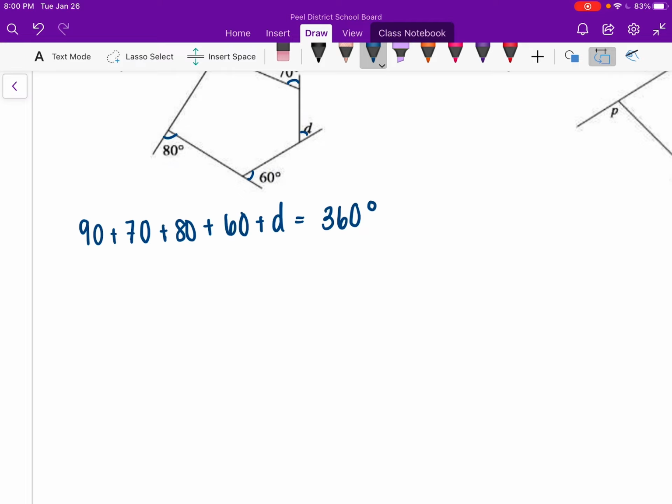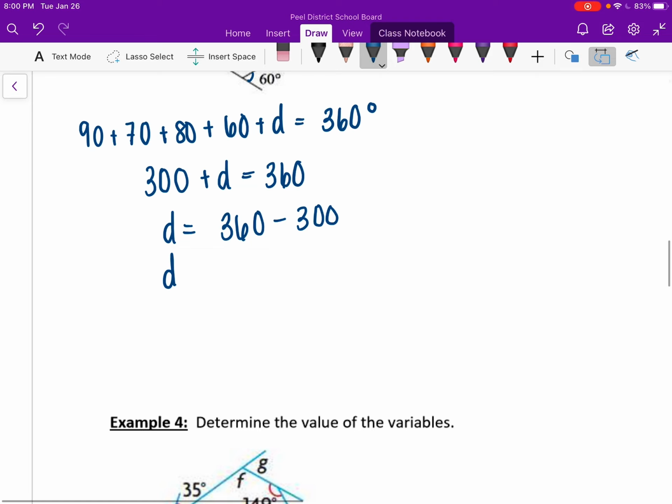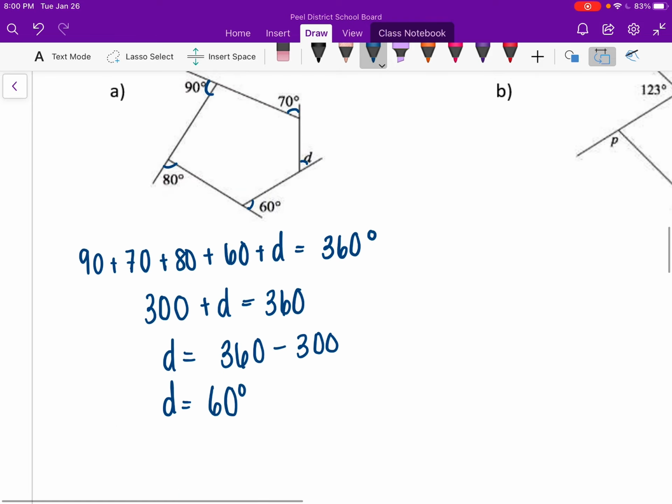I know 90 plus 70 plus 80 plus 60 is going to give me 300. Plus D is going to equal 360. I want to move the 300 to the other side, so I'm going to subtract it here and subtract it there. So D is going to equal 360 minus 300, right? So that means D is equal to 60 degrees.